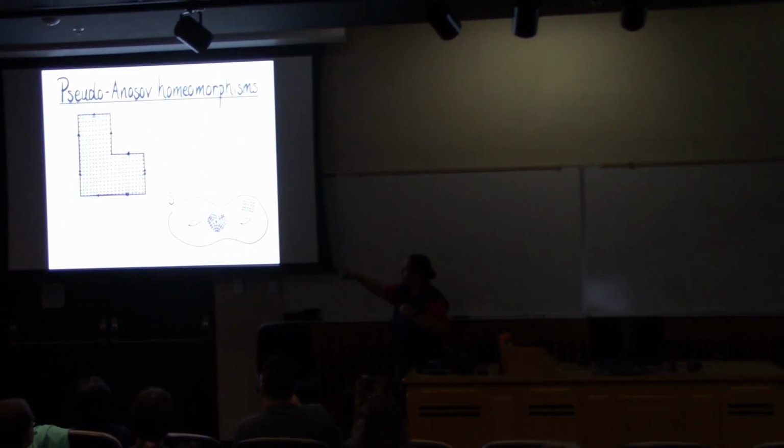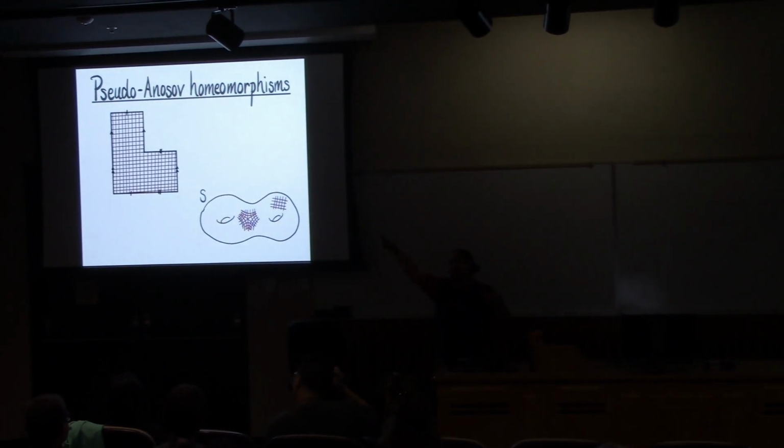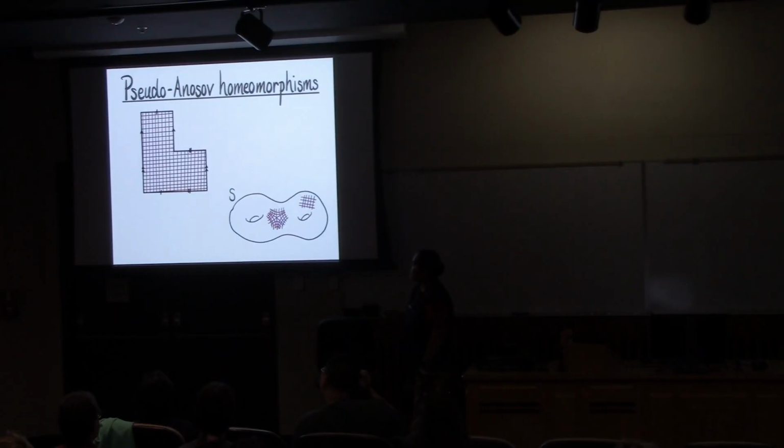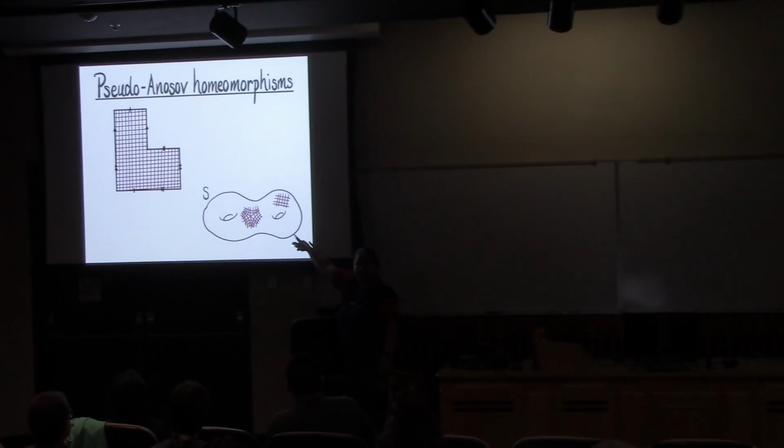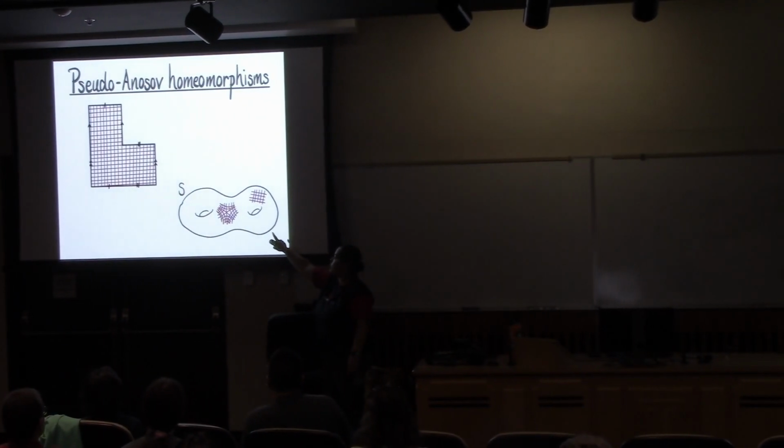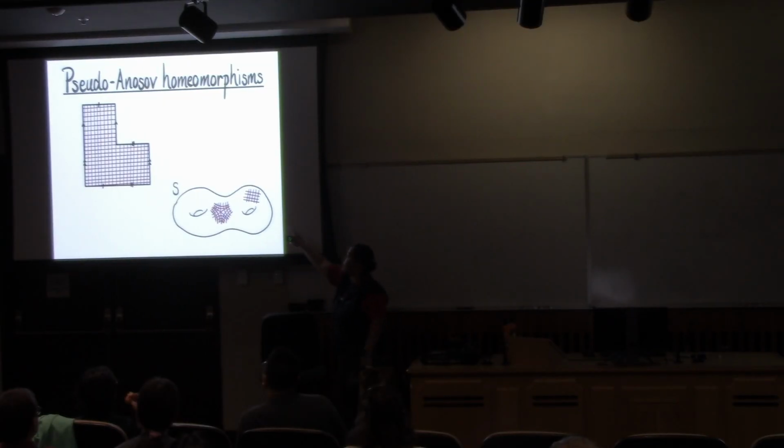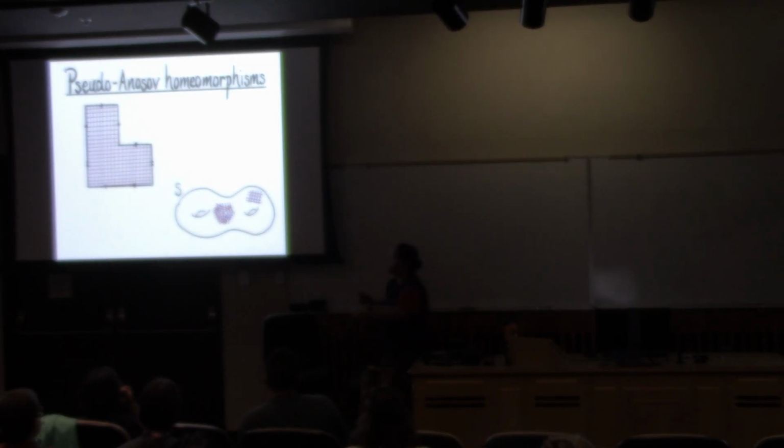If you haven't seen this before, that's something you could work out on your own if you're interested. And so you get this singular point here with this 3-pronged singularity, and everywhere else it'll look like this, okay? So this is now a singular flat structure that I'm endowing my surface with.